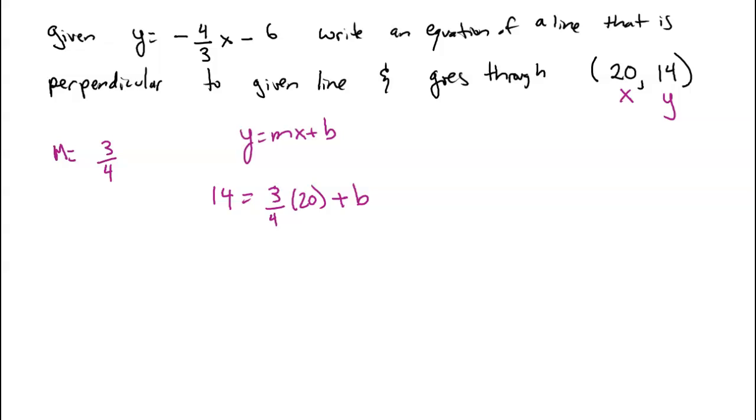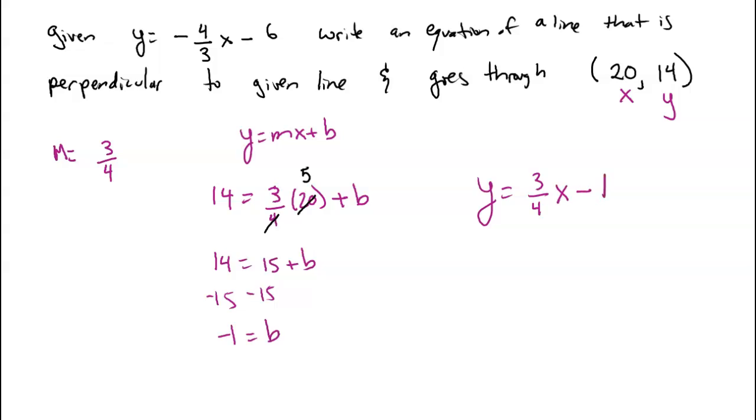Now, here, my 20 and my 4 can simplify, leaving you with 5. So this will actually be 15 plus b. I'll subtract 15 from both sides. I get negative 1 is equal to b. So my equation is y equals 3/4 x minus 1.